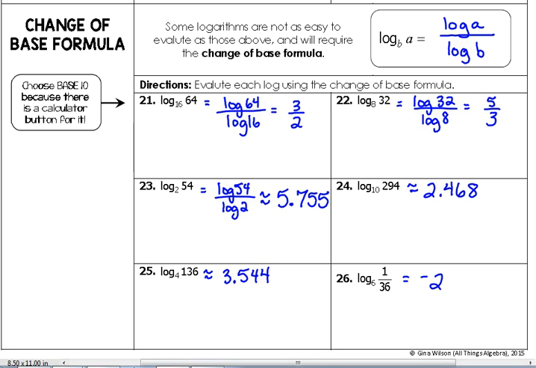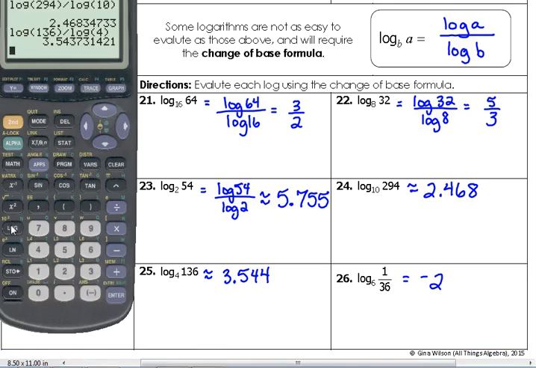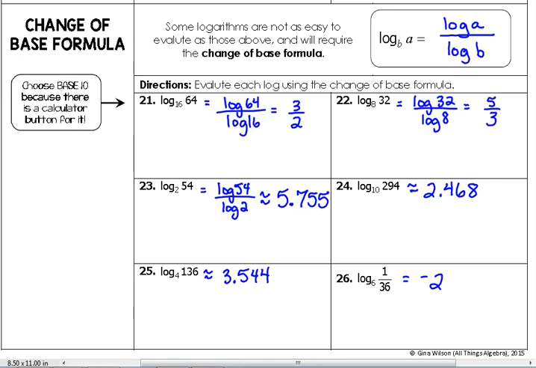But the good news is, if you typed into your calculator, it's going to give you the right answer. The log of 1/36 divided by the log of 6, it's still going to tell you the answer is -2. Okay? But my point is, we really didn't have to take the time to type that in. Okay? So what I want you to do is finish up that worksheet there.